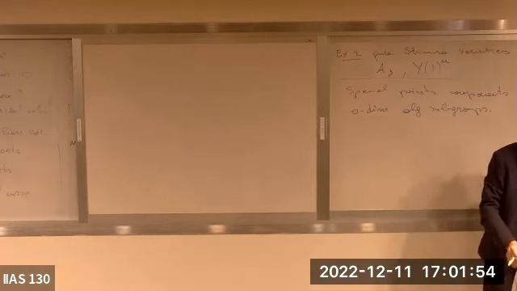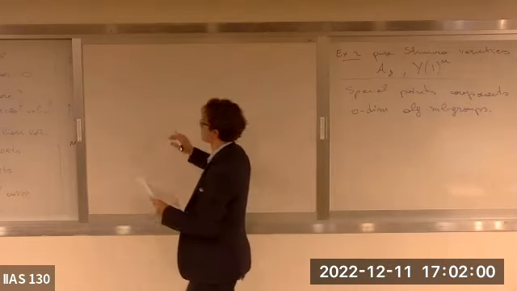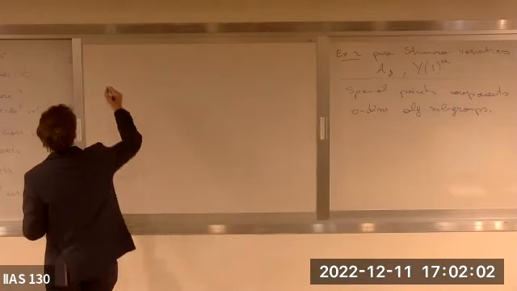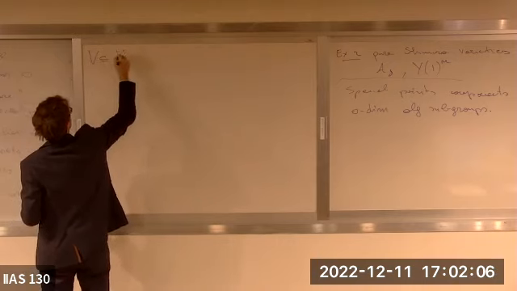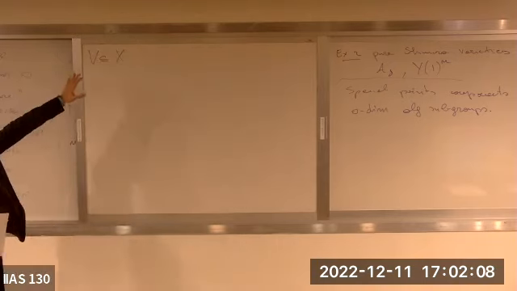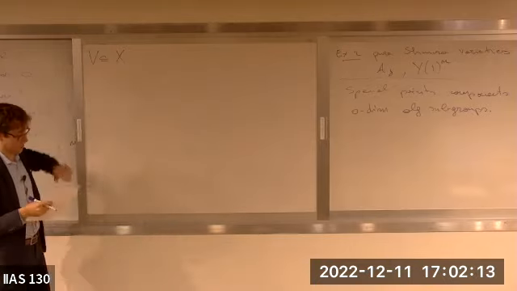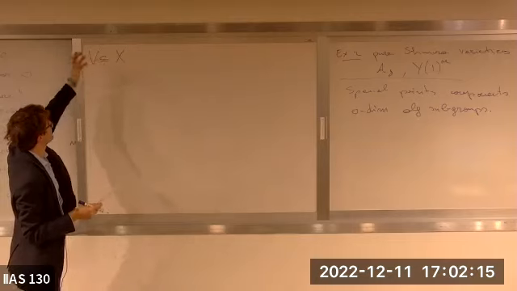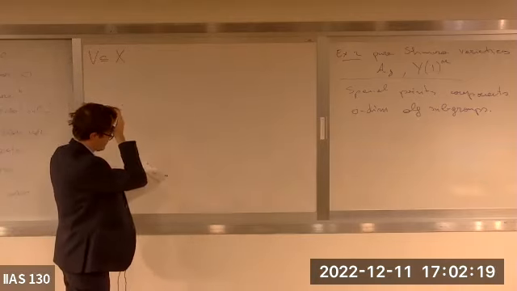Okay, so to state some theorems, I will give you some more definitions. So now V is a subvariety of X. Now we go back to general X, so this will be either a semi-Abelian variety or a Shimura variety.